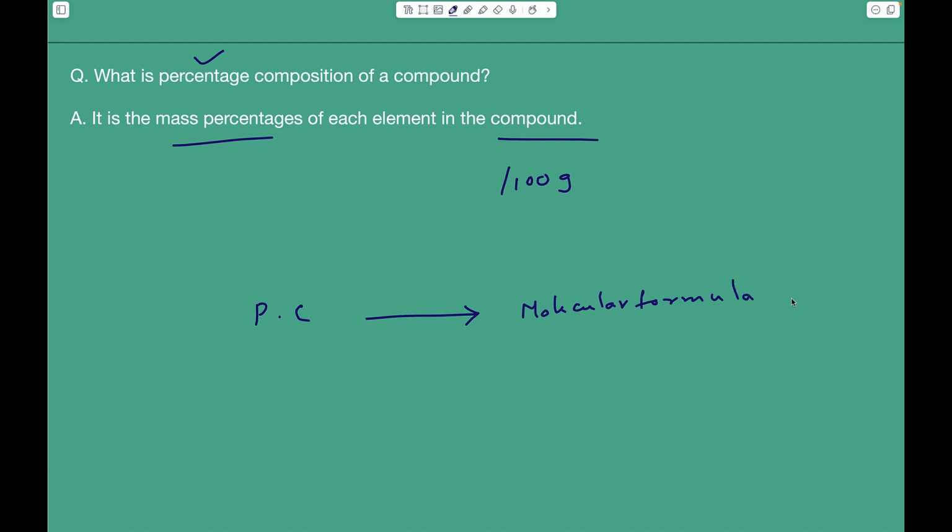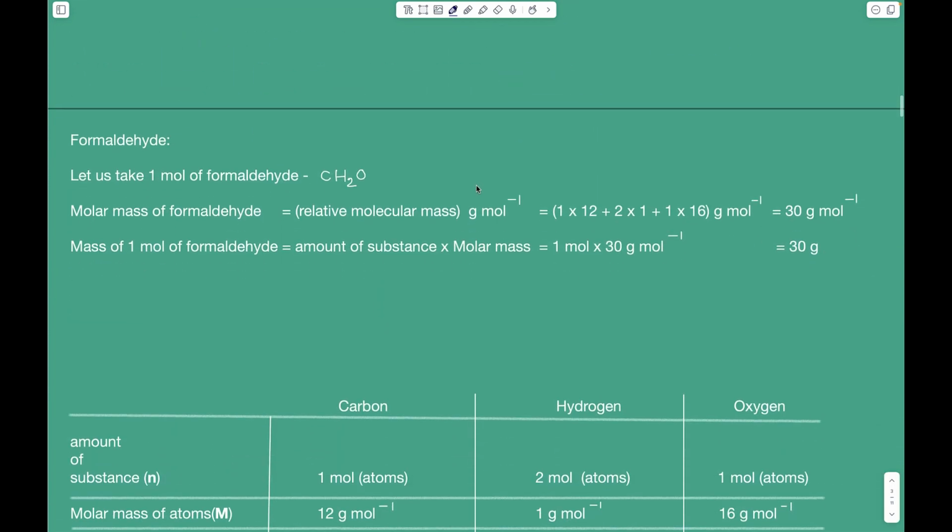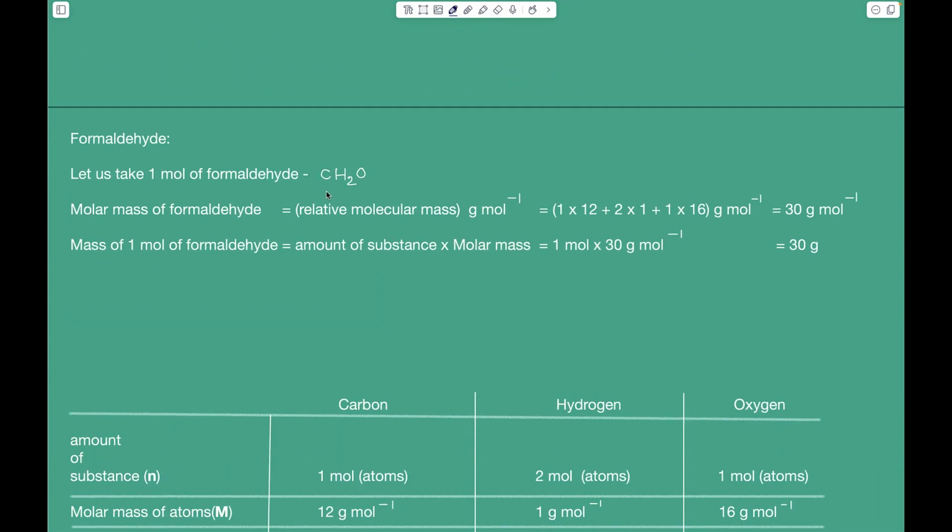But to give you an idea of what percentage composition is, let us do the opposite. Let us take a compound whose molecular formula is known to calculate on paper its percentage composition. Let us take the compound formaldehyde. Someone already found the molecular formula of formaldehyde experimentally.